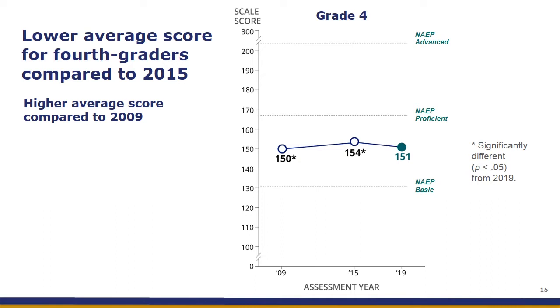An asterisk indicates a statistically significant difference from 2019. As we saw a moment ago, 4th grade performance has declined from 2015. However, scores are up by about a point from 2009, as indicated again by the asterisk.